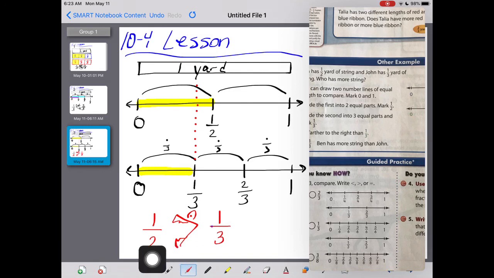So if it's been divided up into 2 as compared to divided up into 3 parts, 2 will give you a bigger piece than 3, and we've just demonstrated that right here. So if the numerators are equal, if they have 1, 1, then we can just look at the denominator and say, wow, look at that. I've got a smaller denominator here, so 1/2 will be larger than 1/3. Now let's go on to guided practice.